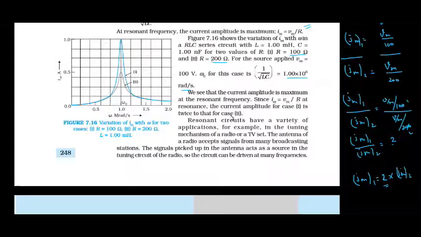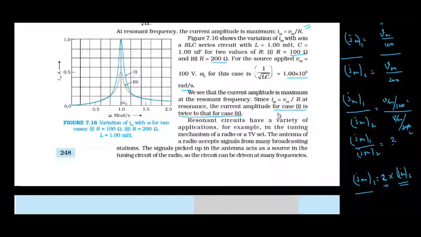Here it is written the same: the current amplitude for case 1 is twice that of case 2.